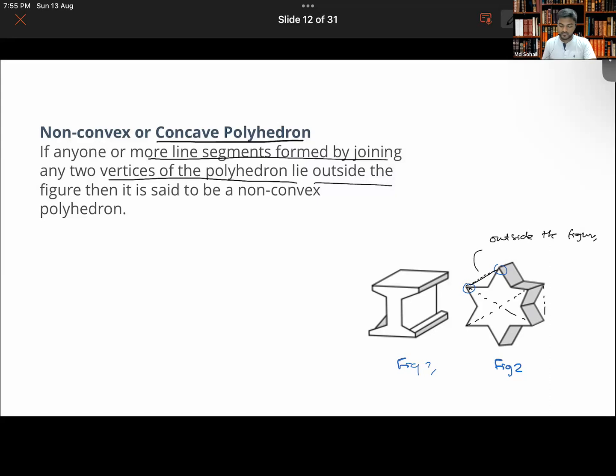See figure number 1 over here. Take these two vertices, this one and this one. The line again is lying outside the figure. So that is basically a concave polyhedron.